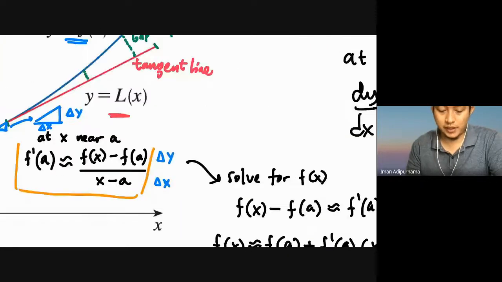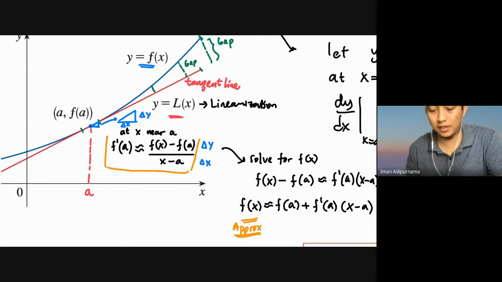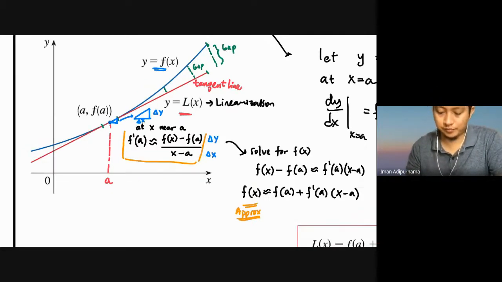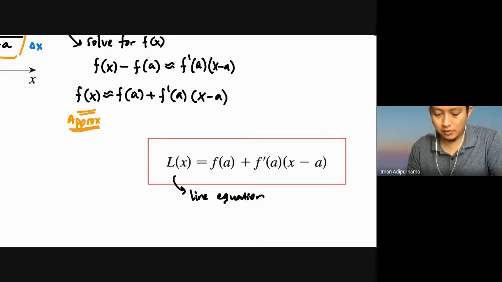So this L of x here is called the linearization, where we take the equation and make it a line equation, which is pretty similar to our approximation. But here we are going to have a line equation, a function, right?